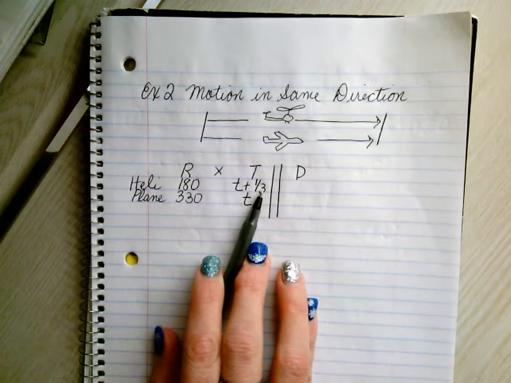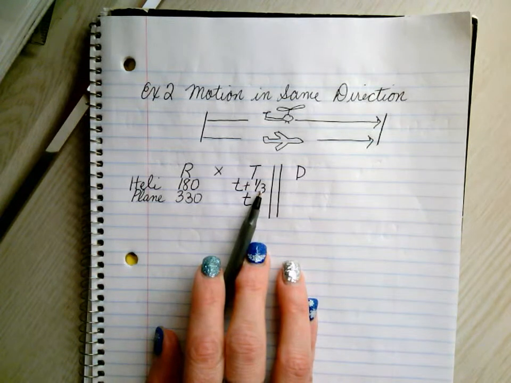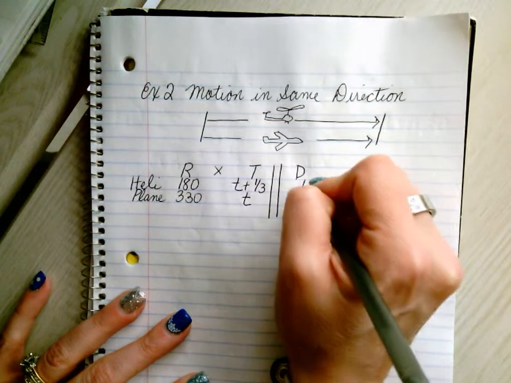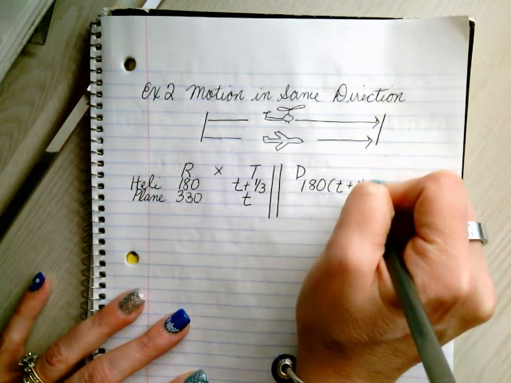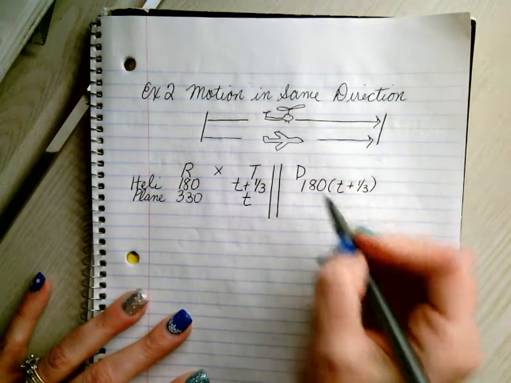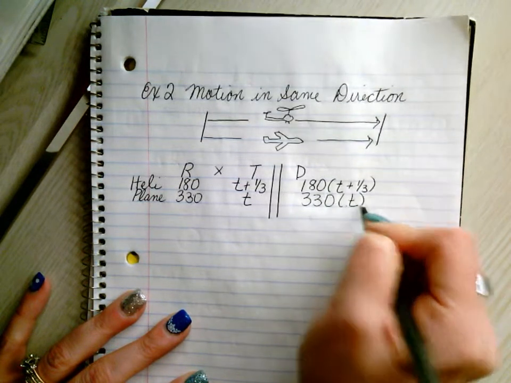I couldn't put 20, because it's not 20 hours, it's 20 minutes, which is a third of an hour. So the distance the helicopter traveled is 180 times (t plus a third). Rate times time equals distance. The distance the plane traveled is 330 times t.